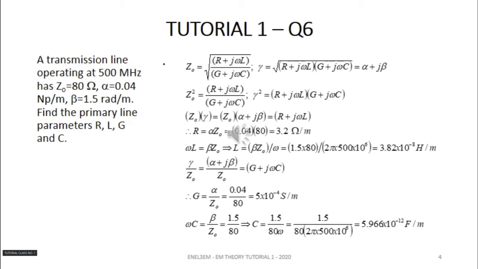Now, we go back to the standard transmission line equations. Our Z0 is given by that, and our gamma is given by that, which is alpha plus j beta.